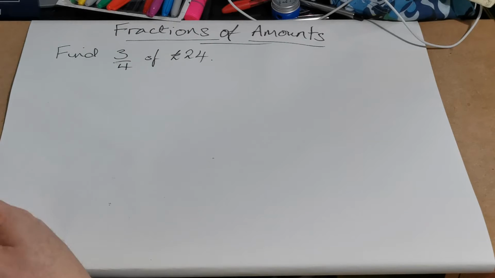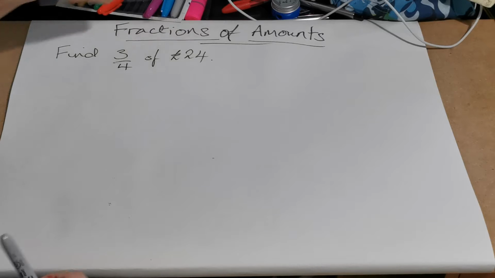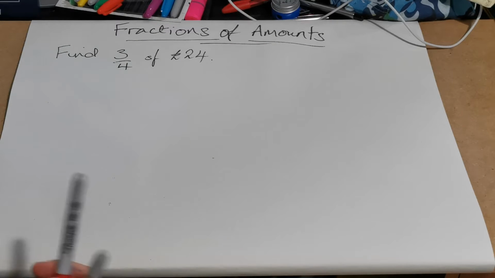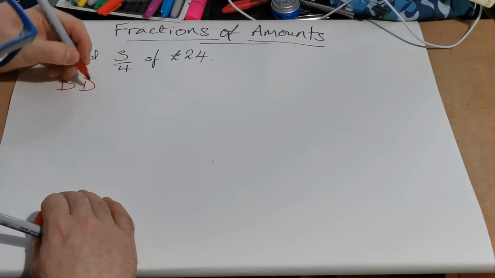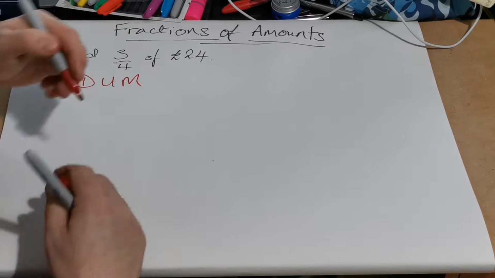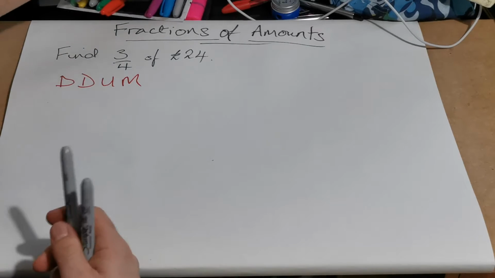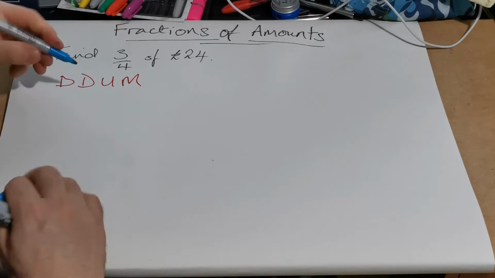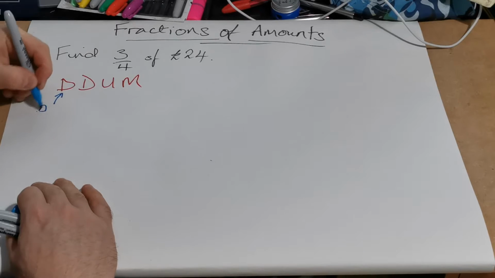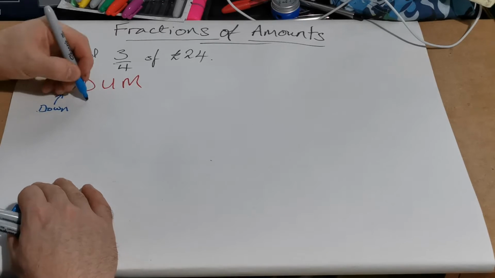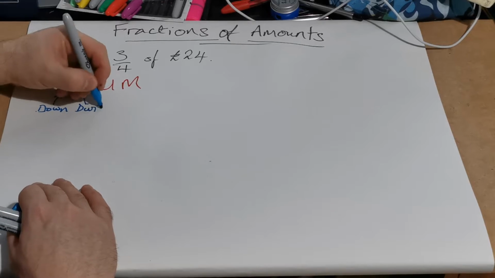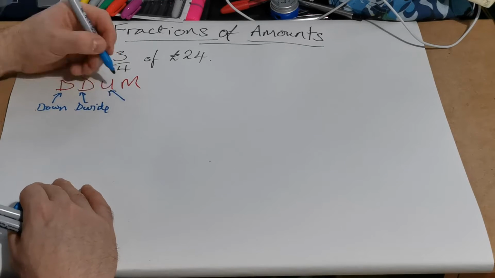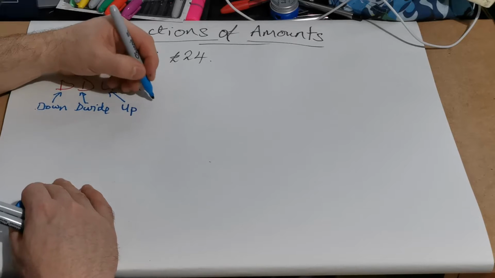Now, teaching fairly recently, somebody said to me, "That's DDUM." And I said, "DDUM? What do you mean DDUM?" And they said, "DDUM." And they'd been told that it was down, divide, up, multiply.